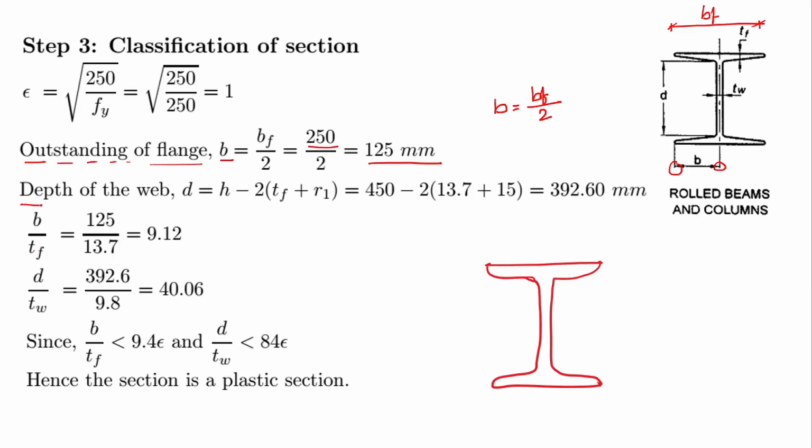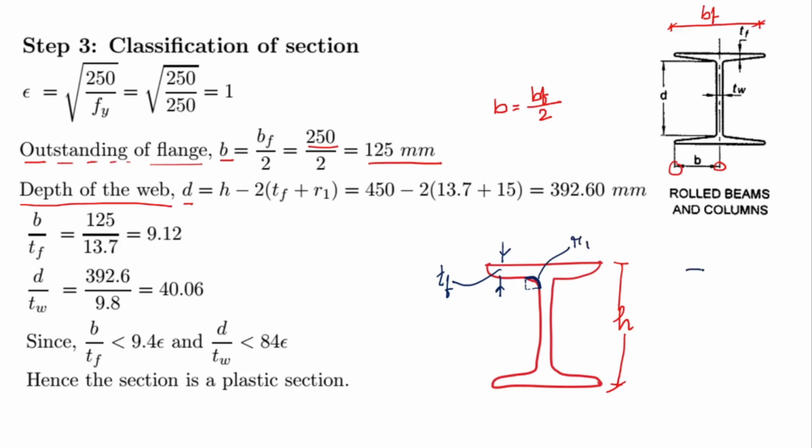Then we have to calculate the depth of the web denoted by small d. If you see, this is an I section and its total height is small h. Now this is the thickness of the flange, which is denoted by Tf. Then in between the flange and the web, there is a curvature and its radius is r.